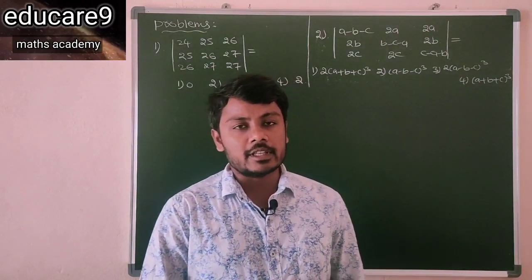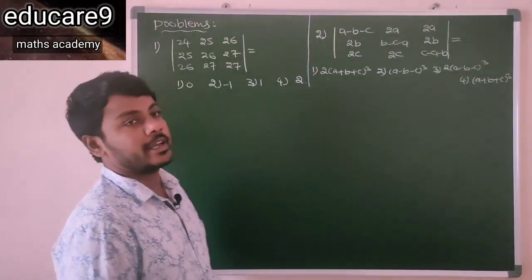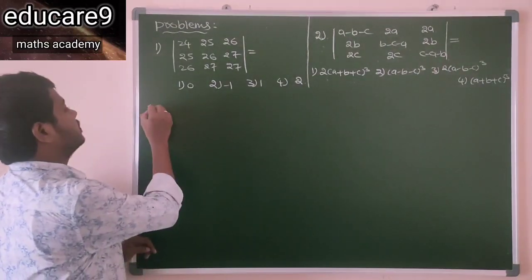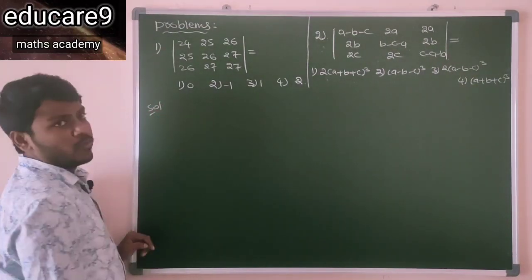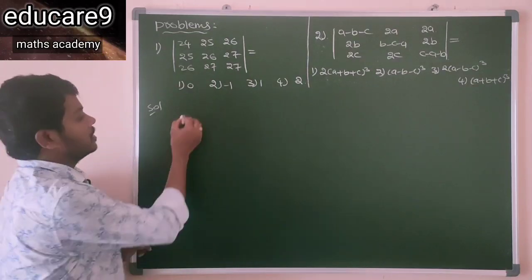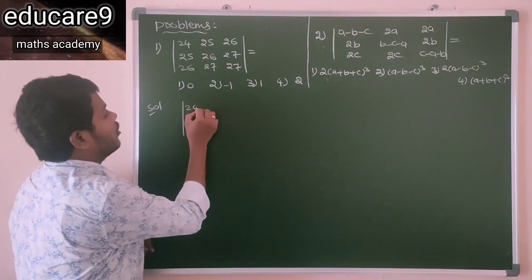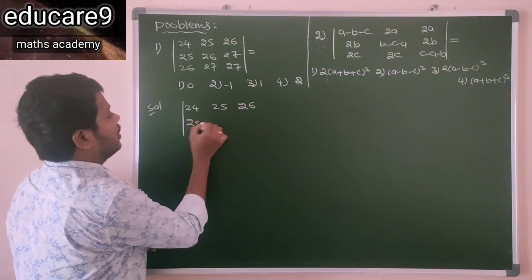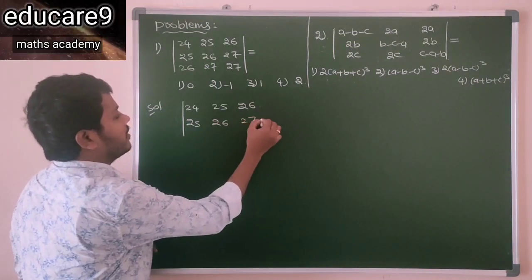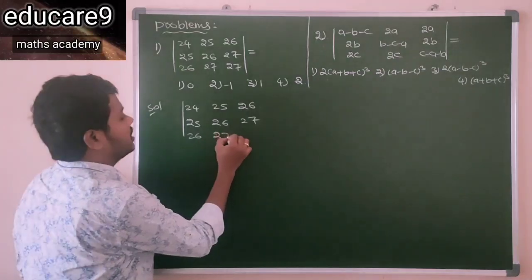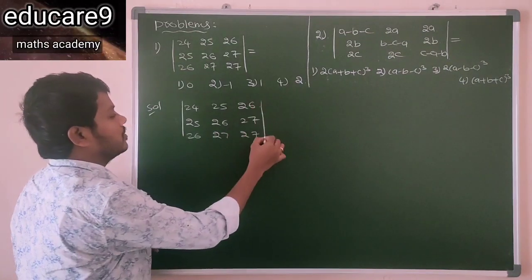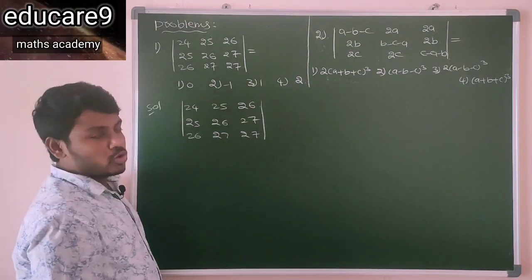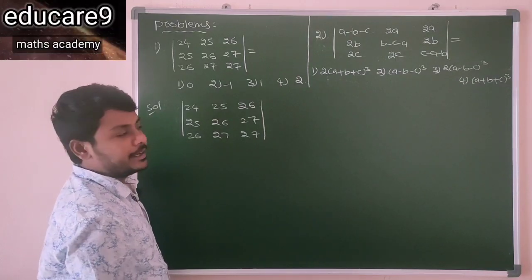So now let us discuss a few problems. See here, first one. Find this determinant value. See here, that is 24, 25, 26; 25, 26, 27; 26, 27, 27. Here you have to use row operations for finding the determinant.